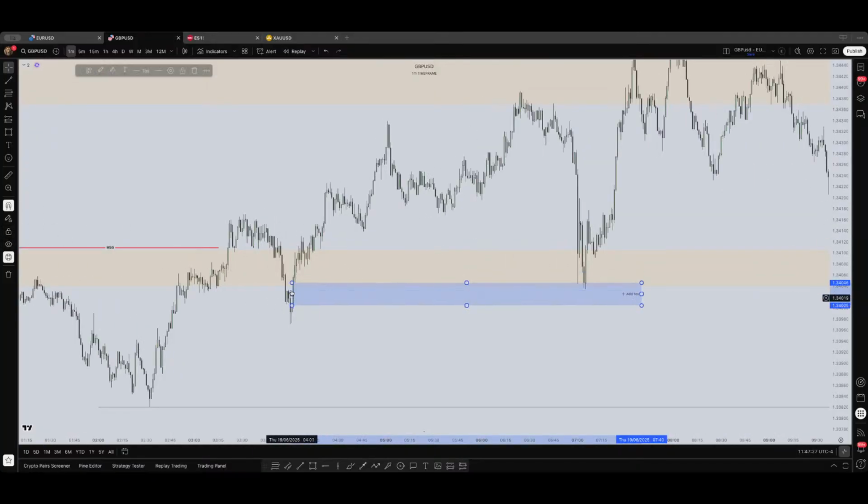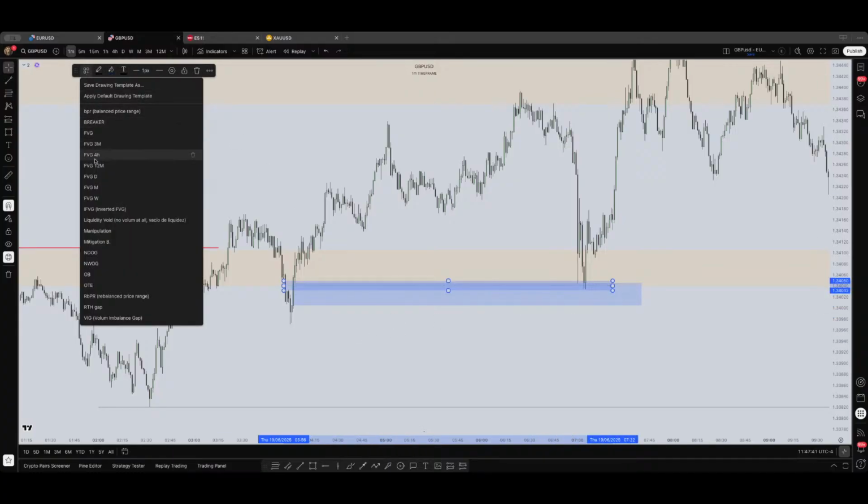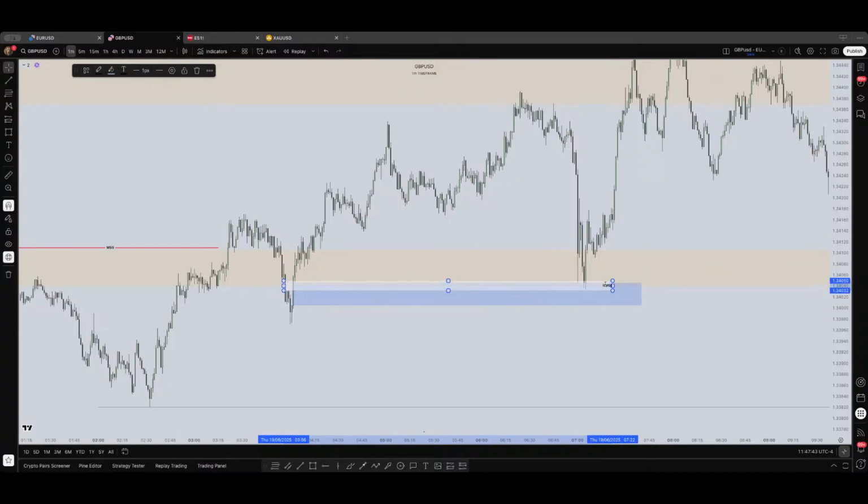And also if you look carefully to the left, you will see also an inversion fair value gap. This used to be a fair value gap. When price smashed to the upside, it became an inversion fair value gap. 1 minute.